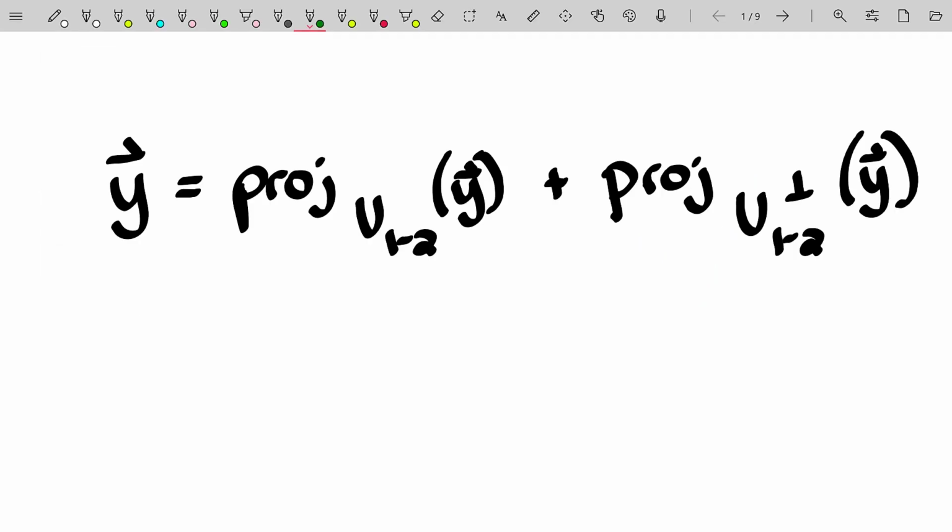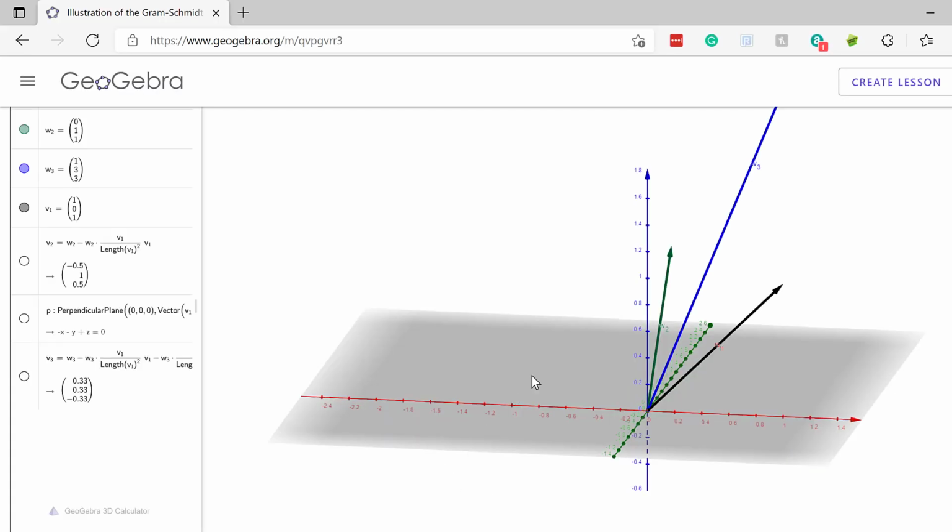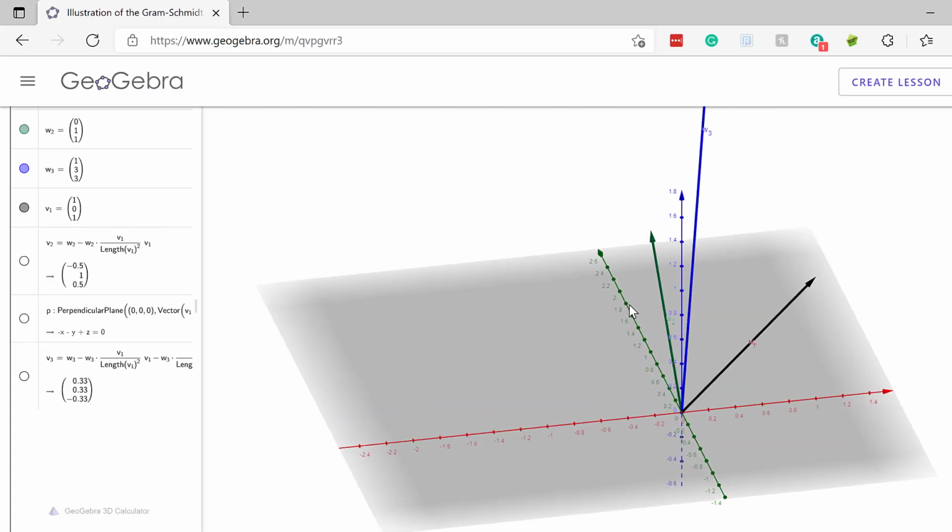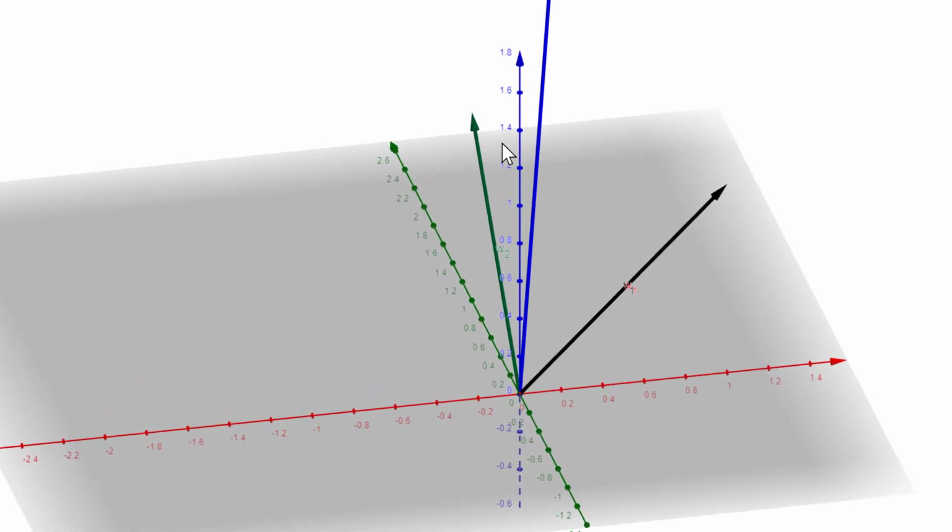Now we've just said that every single vector is the sum of the projection of that vector onto a space spanned by 1 or more vectors, and the projection of that vector onto a space orthogonal to that subspace. So if you think about it, this vector right here, w2, if you take its orthogonal projection onto v sub 1, we can create its projection onto a component space that is perpendicular or orthogonal to that.